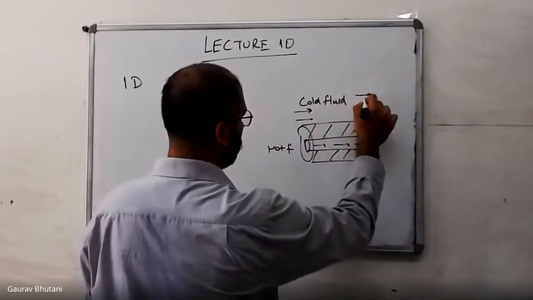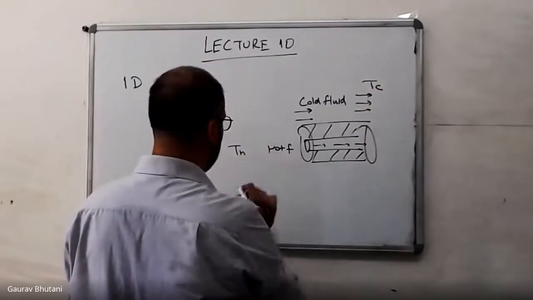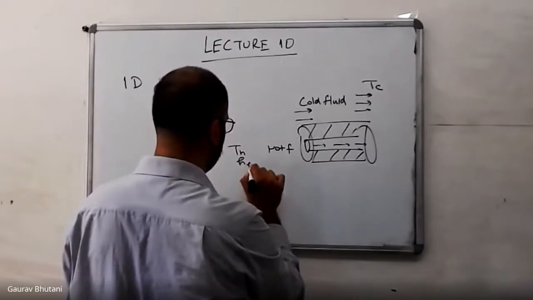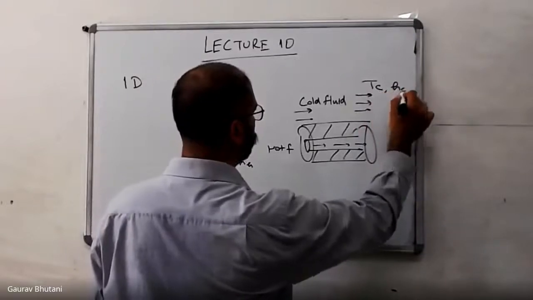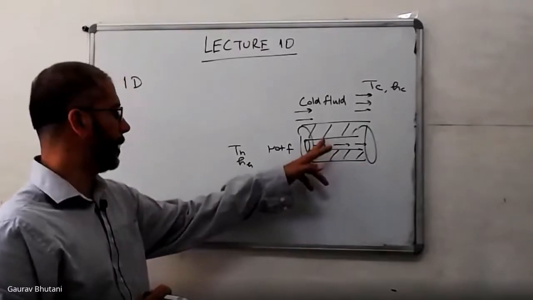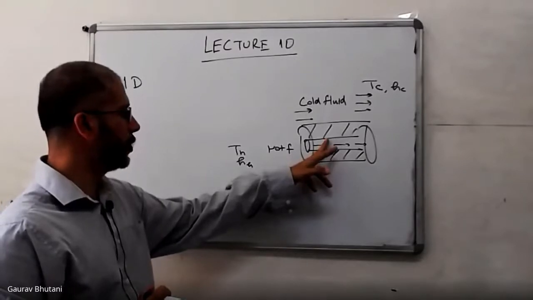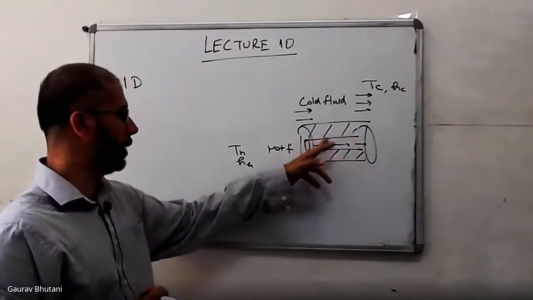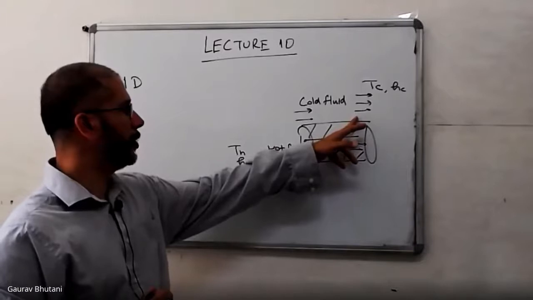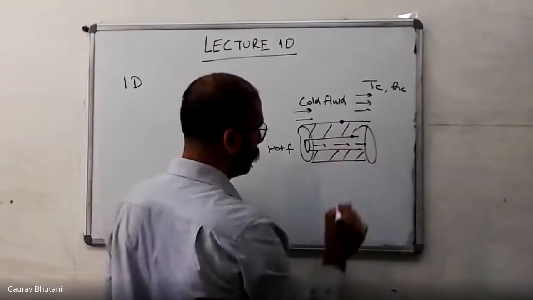So this cold fluid is at temperature Tc, and the hot fluid is at temperature Th, and the heat transfer coefficient on the inside is H, we'll call it Hh, and on the outside you have Hc. So there's convection happening, and that is heating the inner pipe. We'll assume that the inner pipe surface is at temperature Th, and the outside temperature is Tc.